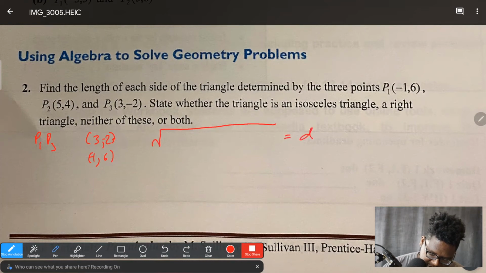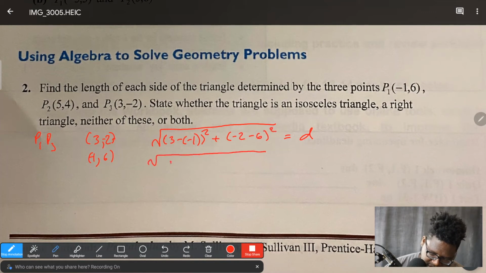So we've got 3 minus -1, the distance between our x values, and -2 minus 6, the difference between our y values.